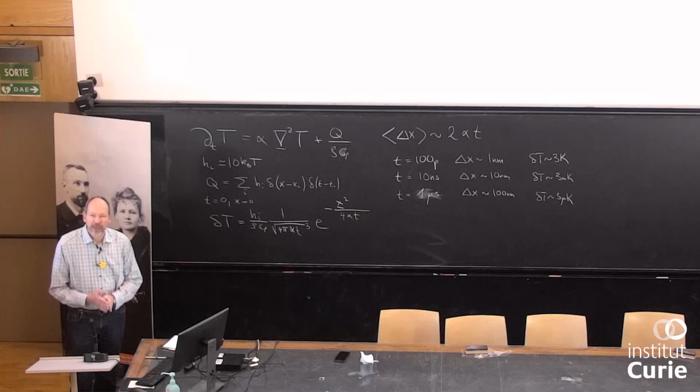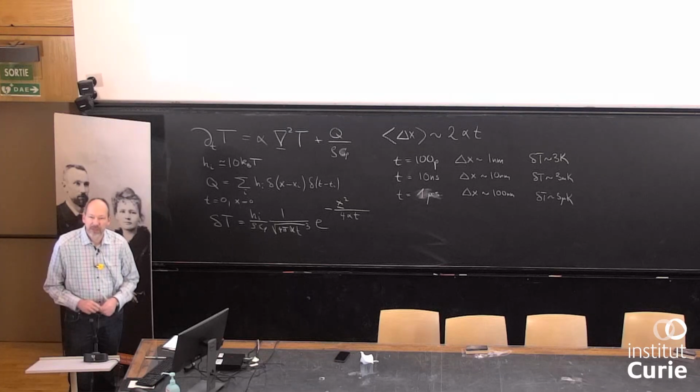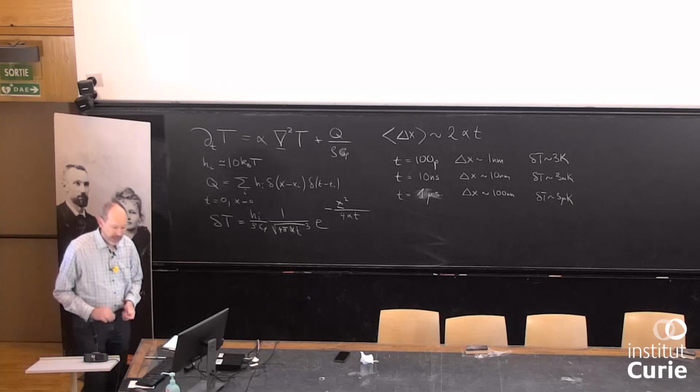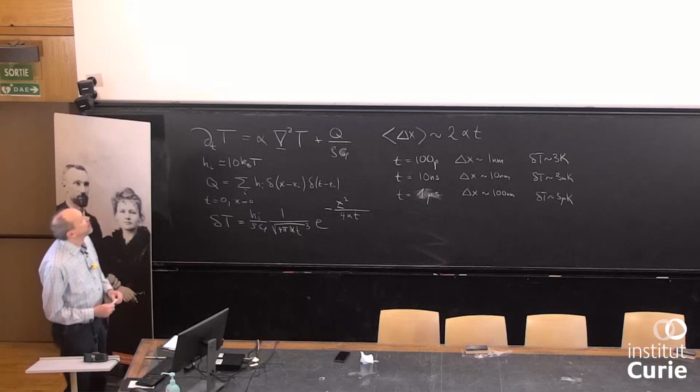And because there's now a separation of timescales, if you look at slow processes, local volume elements have the time to equilibrate, even if at short times they are not, and things happen that are not consistent with equilibrium. Does this answer the question? Yes, thank you.